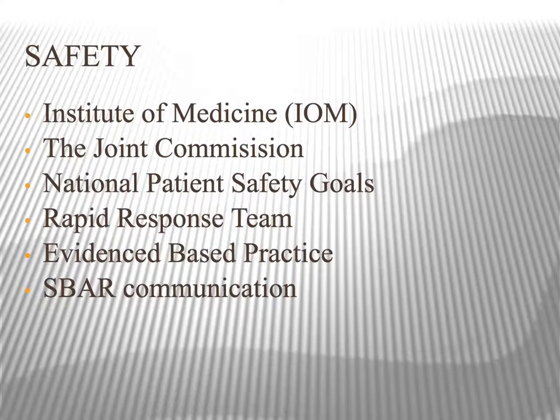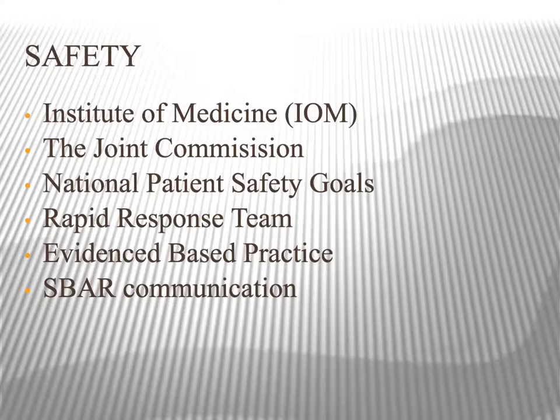So the Joint Commission is another institution that comes into organizations such as our hospital that we do our clinical unit on, and they survey it every couple of years to make sure that they are meeting the standards set by the Joint Commission. Joint Commission has standards that focus on safety of the patient. Each year they do what's called the National Patient Safety Goals, and it's what they're looking for.